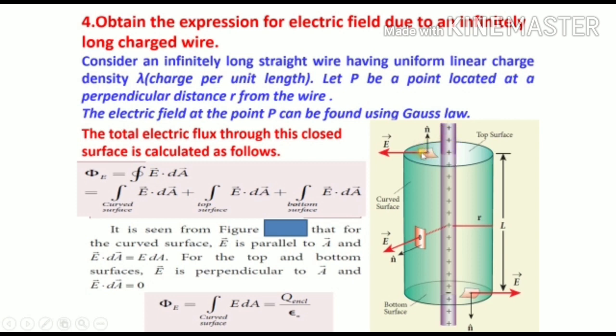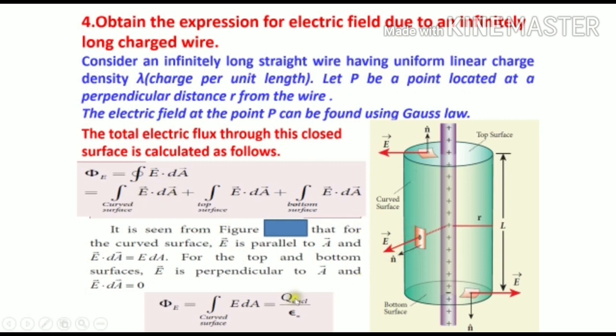So at the bottom and top the flux value becomes 0. Only the curved surface flux acts on the Gaussian surface.